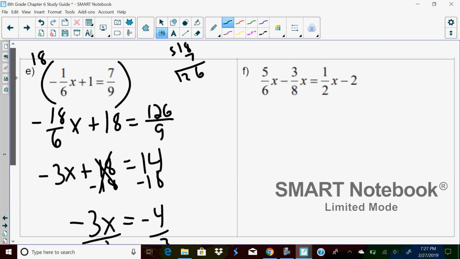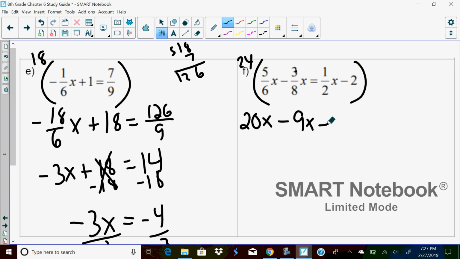And the last one, I'm going to multiply everything by 24. So this one I'm just going to divide. So 24 times 5 divided by 6 is going to give me 20x. 24 times 3 divided by 8 is going to give me 9x. 24 divided by 2 is going to give me 12x minus 48.